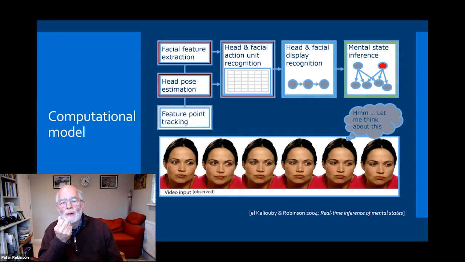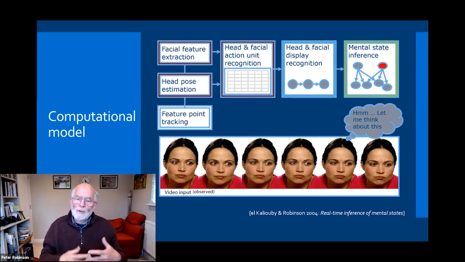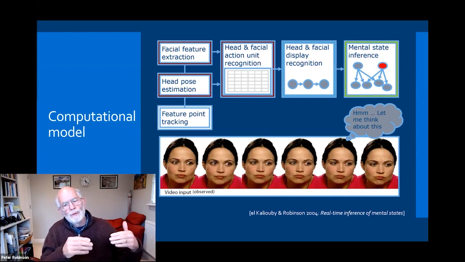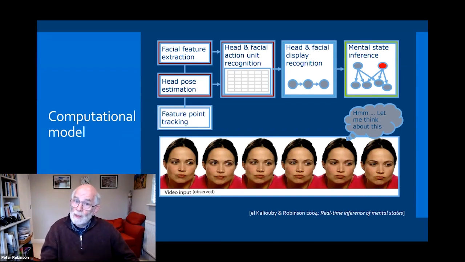And then from those, you can infer action units. Action units are a language that psychologists have used, actually since about Ekman's time, for a scheme that he devised for describing facial expressions and head movements in video. Normally these are manually annotated, but we could derive them automatically.